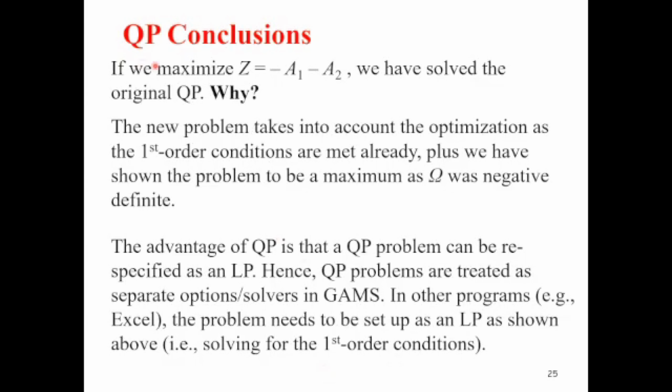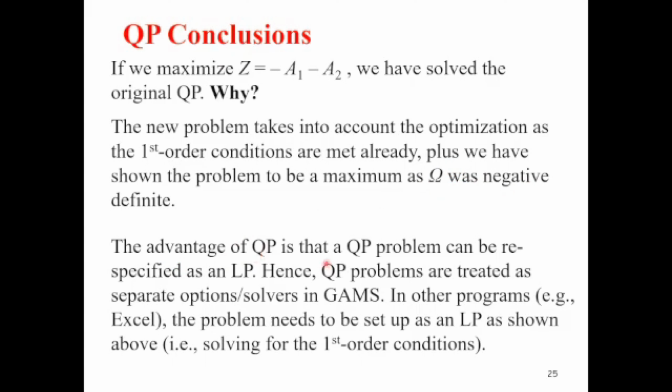So in conclusion, we begin by maximizing Z equal minus A1 minus A2. Then we have solved the original QP. Why? Well, the new problem takes into account the optimization as the first order conditions are met already, because we've derived the first order conditions, plus we have shown that the problem is a maximum because this quadratic form was negative definite, which we showed earlier.